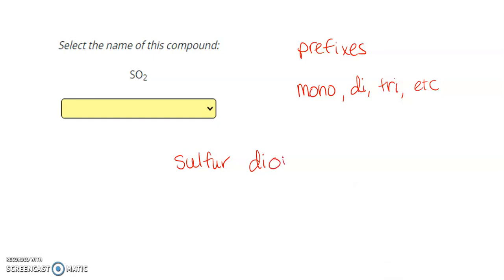So dioxide. And the name of this is sulfur dioxide. This tells us there's one sulfur, because there's no prefix on the first element if it's mono. So one sulfur, two oxygens. So SO2 is sulfur dioxide.